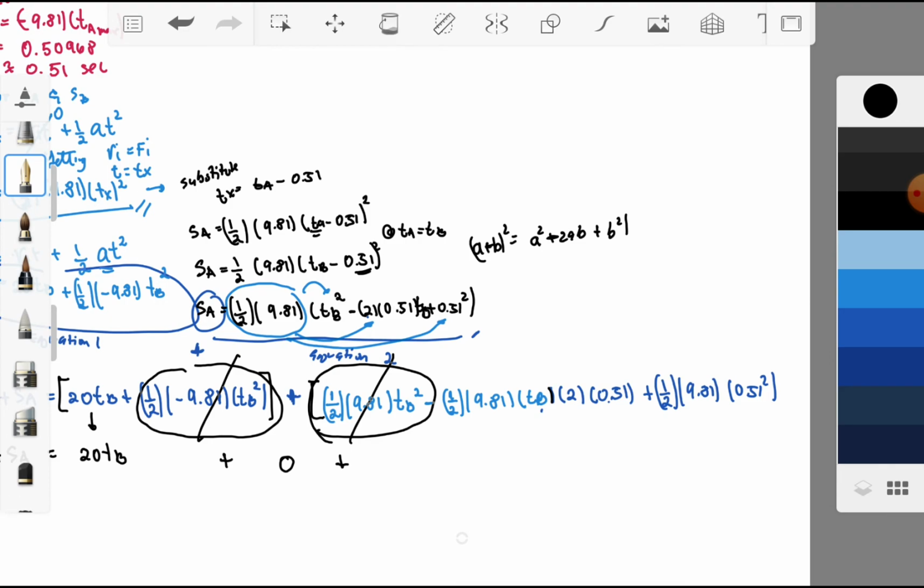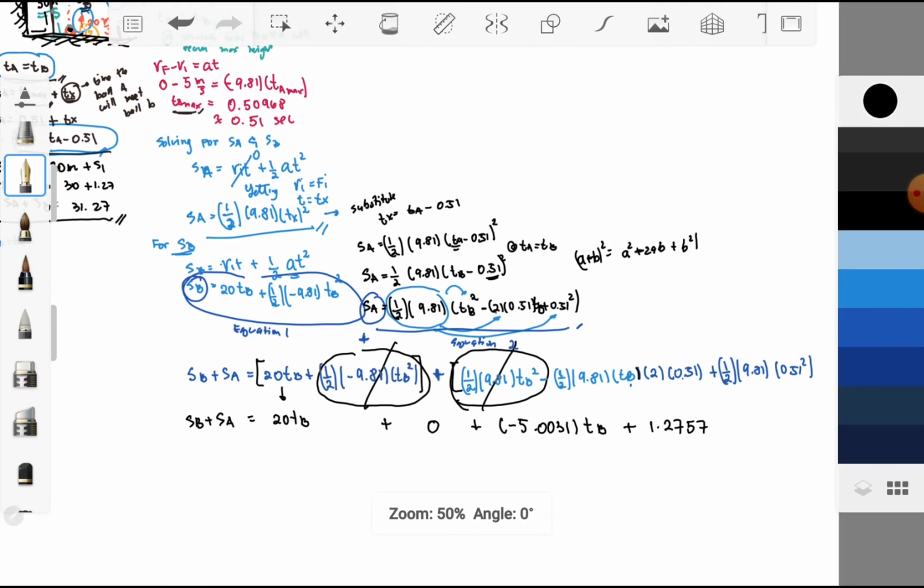Negative 1/2 multiplied by 9.81 multiplied by 2 multiplied by 0.51, so we'll have a value equal to negative 5.0031 TB, plus 1/2 multiplied by 9.81 multiplied by 0.51 squared, which is 1.2757.